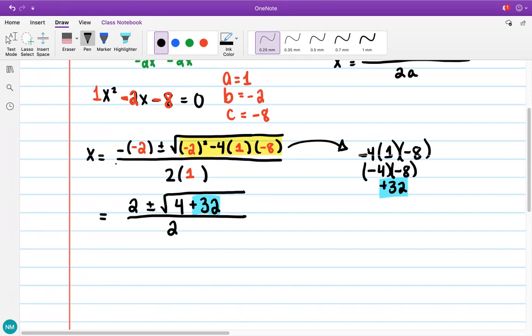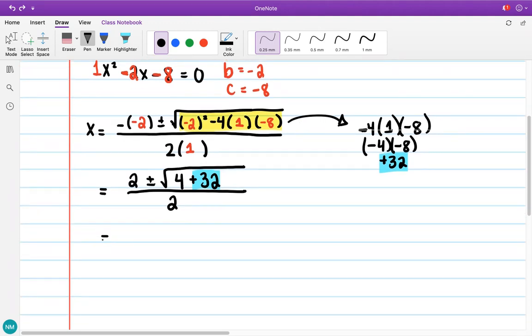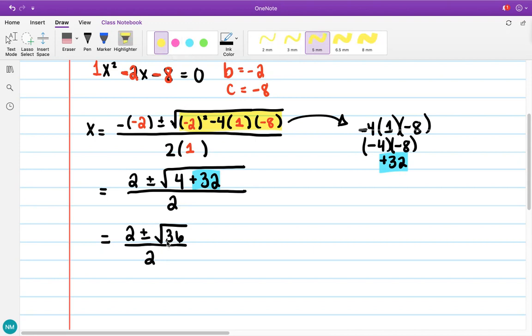So we kind of do 3 groups at a time. We do this part, we do this part, and we do this part all together, just when we get to it. So equals 2 plus or minus the square root. 4 plus 32 is 36 all over 2. So this whole thing up here became 36.